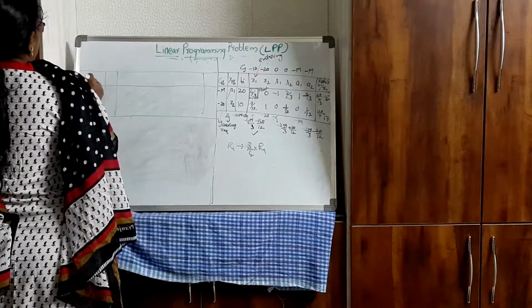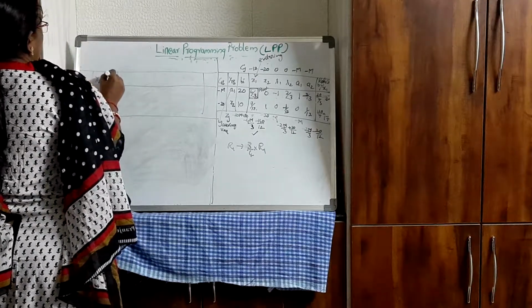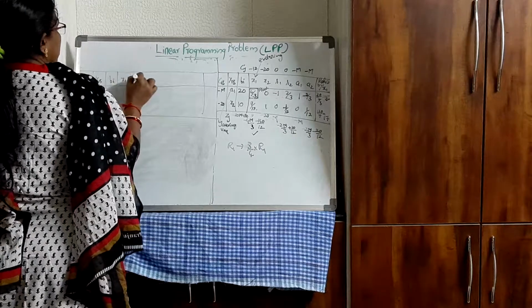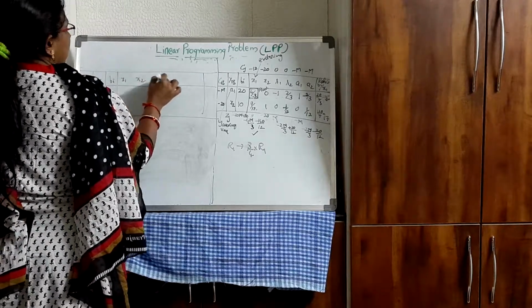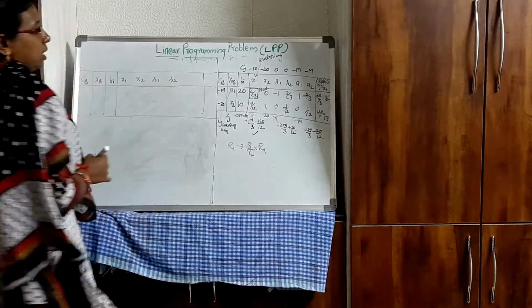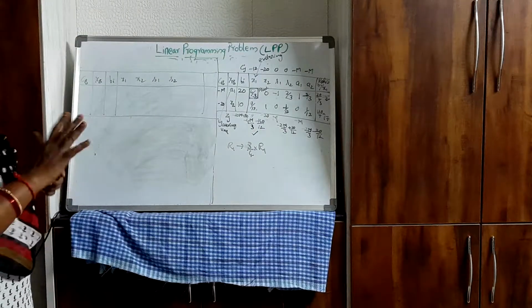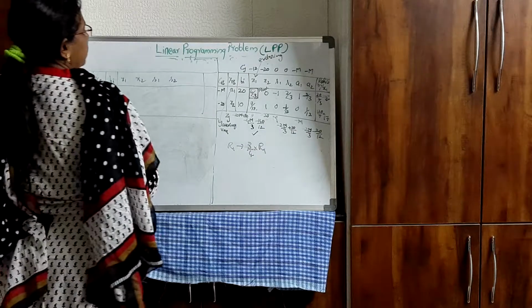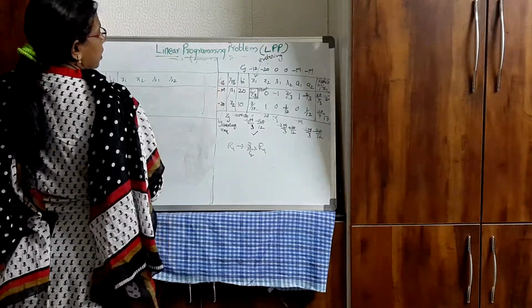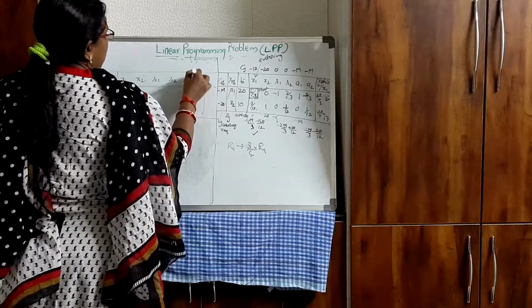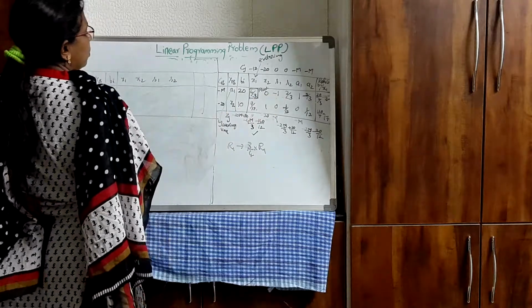So here CB, XB, BI, X1, X2, S1, S2. Once the artificial variables leave the basis, no need to make the entries. You can stop there. Again, no need to write the artificial variables. Because here A1 is leaving and A2 has already left, no need to find them here also.